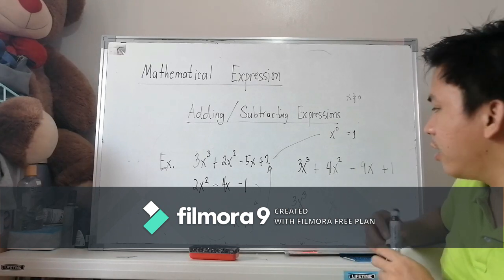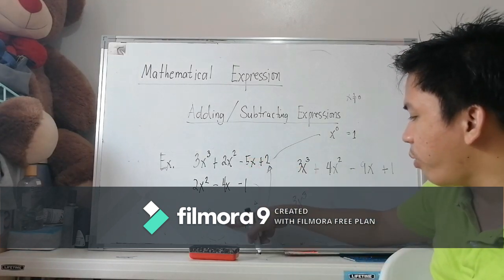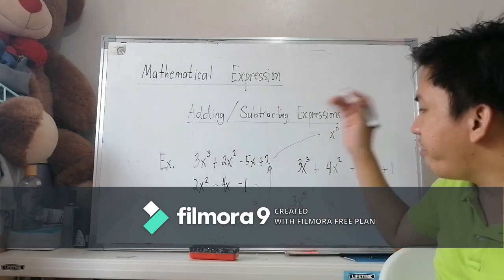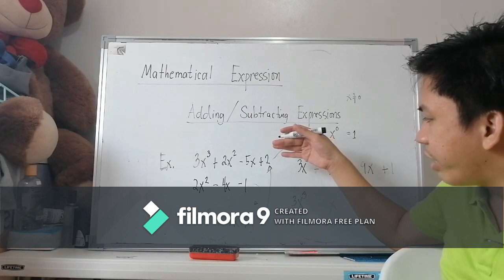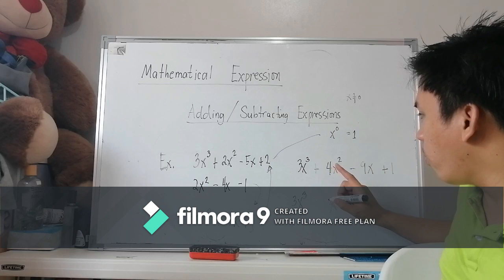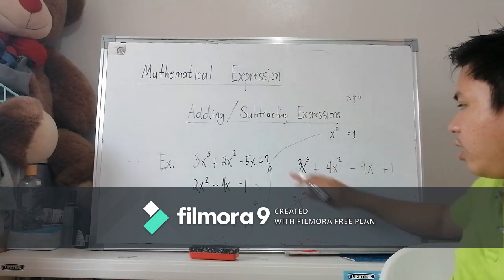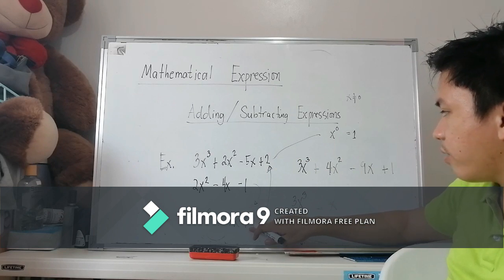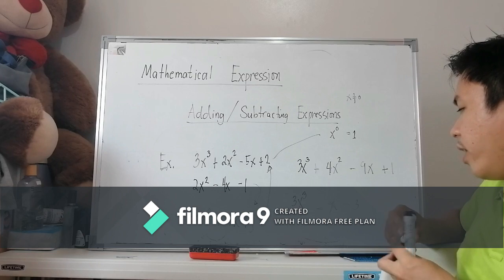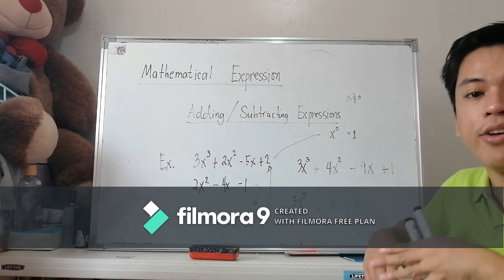So this is 5, this is 4. They have different signs, so you have to subtract 5 by 4, you get 1. Follow the sign of the higher valued coefficient, so you get negative 1x, or negative x. And 2 and 1, they have the same sign, so you have to add to get 3. So therefore, your resulting expression would be 3x cubed minus x plus 3.